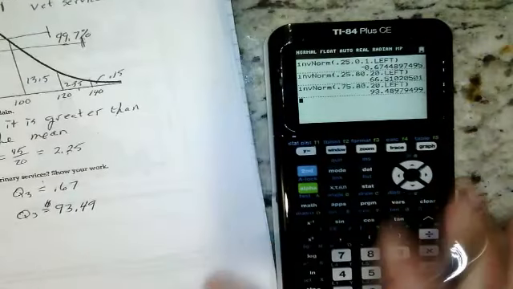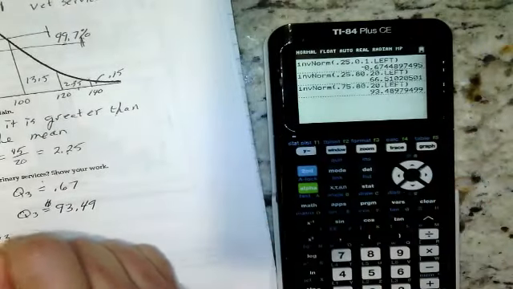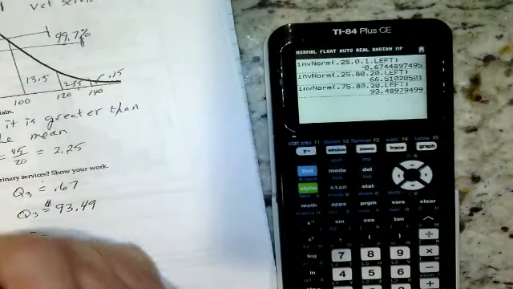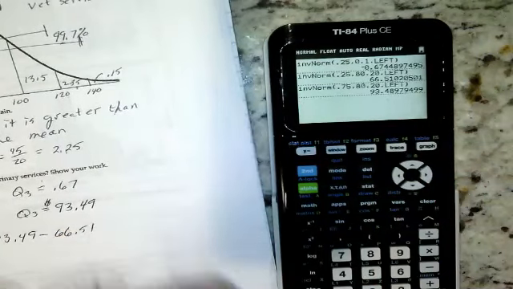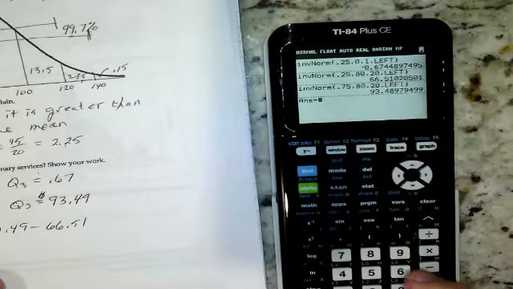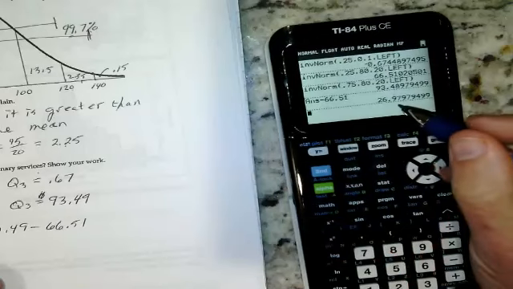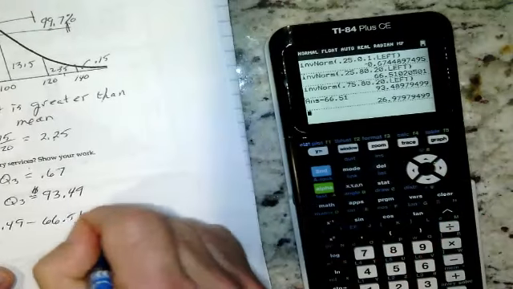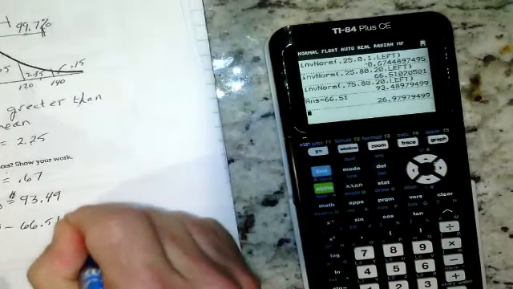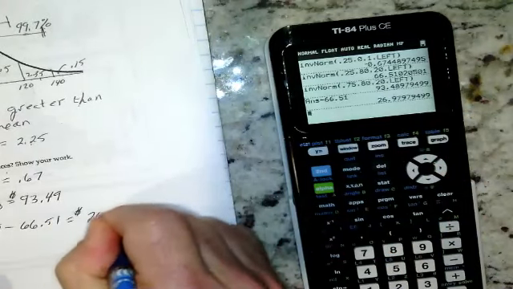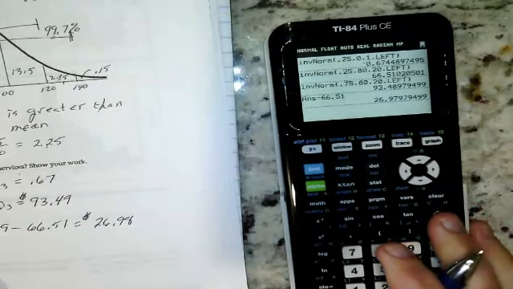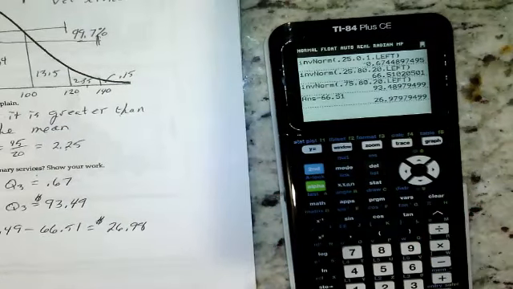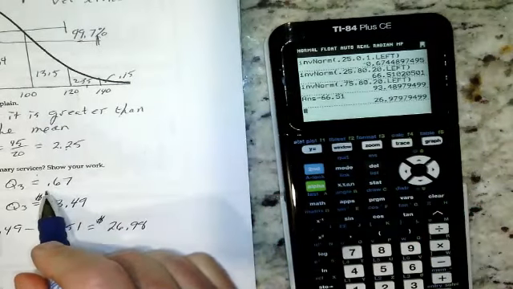I say, and I needed to see this, 93.49 minus 66.51. It's $26.98. Okay, $26.98. That's my IQR.